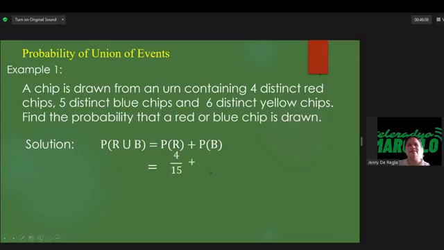And then for the blue chips, we have 5 over 15, which is equal to 9 over 15 or 3/5. So the probability that a red or blue chip is drawn is equal to 3/5. Okay?